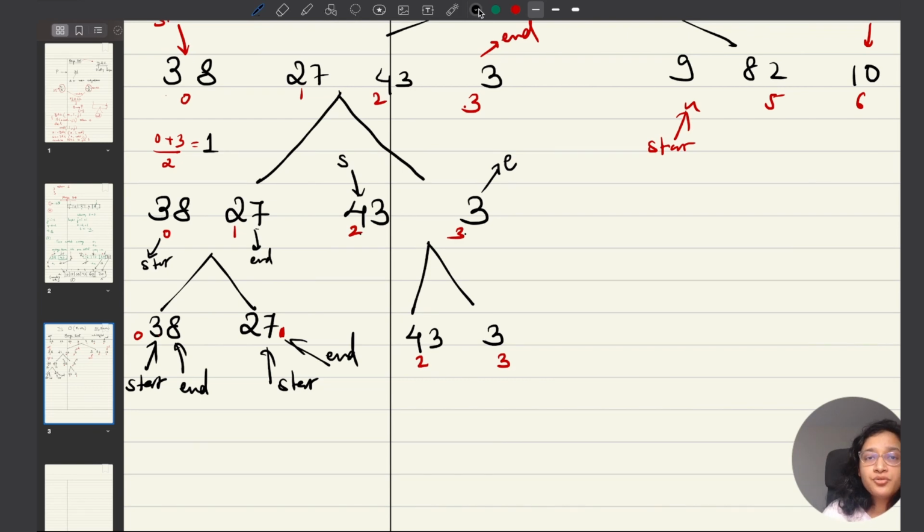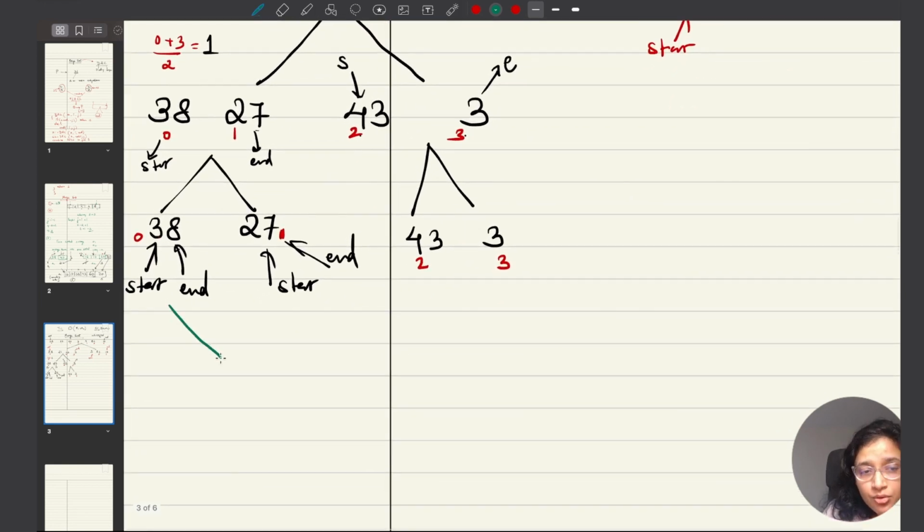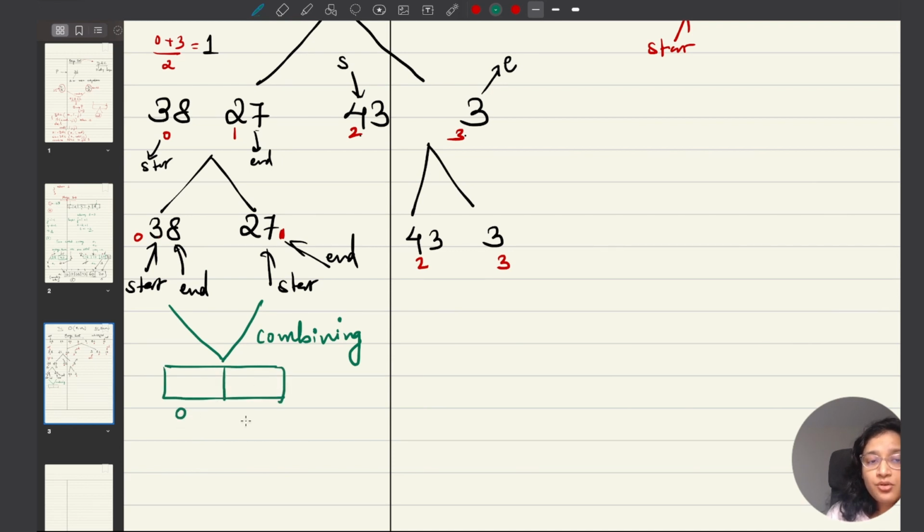That means here, if you see, please look at it very carefully. Let me use the color green. Okay, so when I'm trying to now do the job of combining, or in other words, the job of conquering, right? So now I'm combining the solutions for two sub-problems. If I'm combining the solutions to two sub-problems, I'm going to get a sub-problem which is basically from 0 to 1.